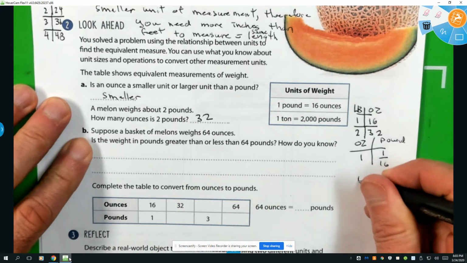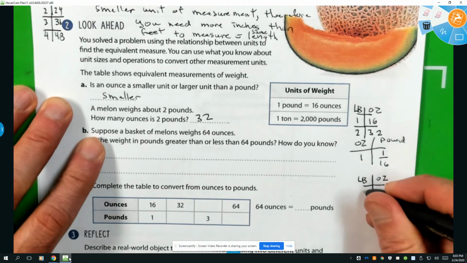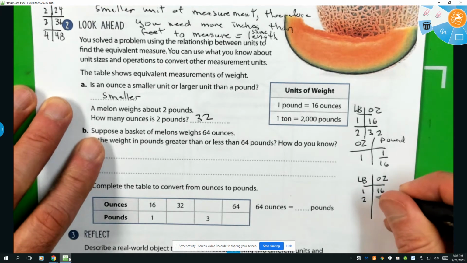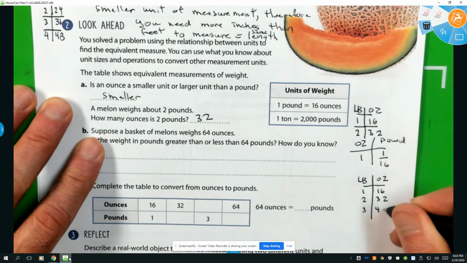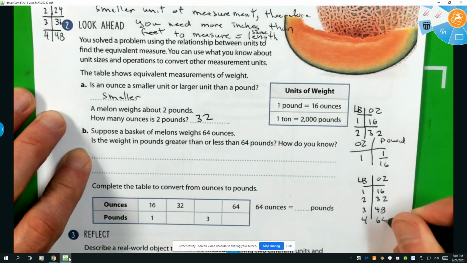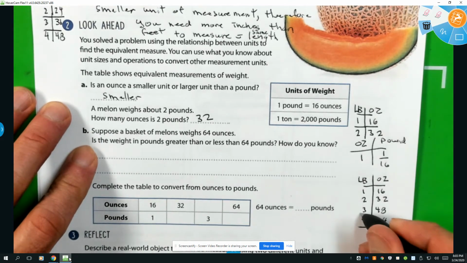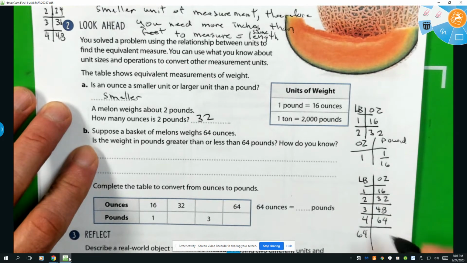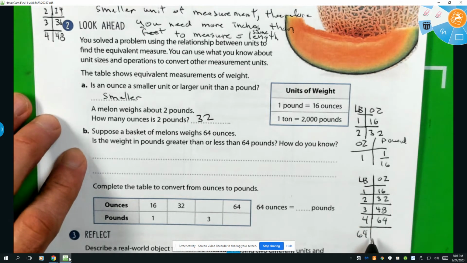We're going to go pounds, ounces. 1 pound, 16 ounces. 2 pounds, 32 ounces. 3 pounds, 48 ounces. 4 pounds is 64 ounces. Now, that's not what it's asking, though. They want to know 64 pounds. So if I have 64 pounds of melons, only in math can you have 64 pounds of melons.